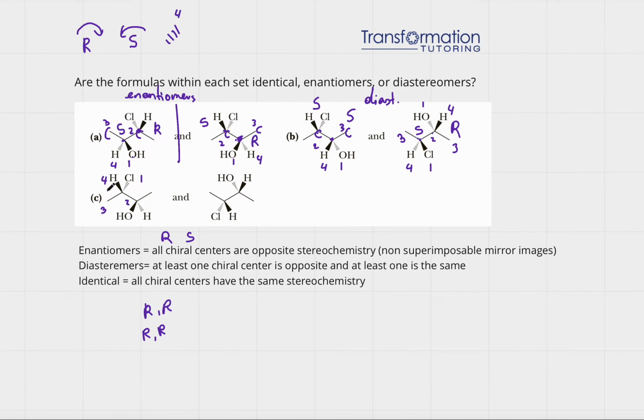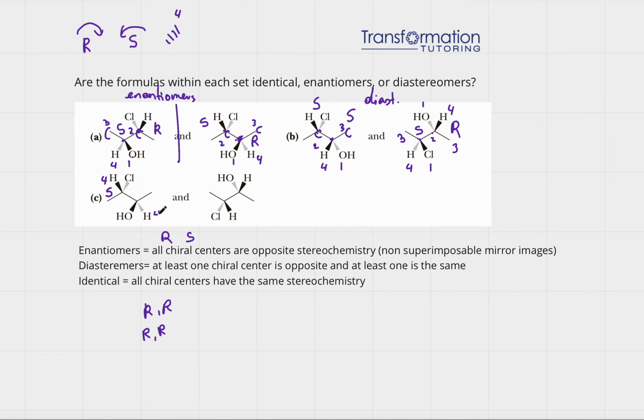So this must be S. Actually, the molecule here is the same as this one, right? So maybe instead of doing it again, I can just double check that it's the same. It is not. Now I see that this OH is dashed and here it is not. So let me do it. So this is S. And now let's do the second chiral center.